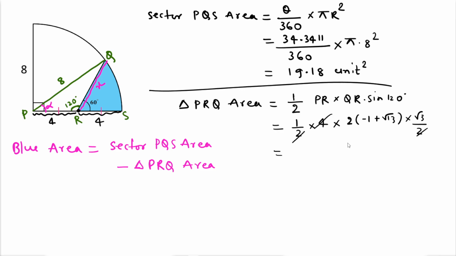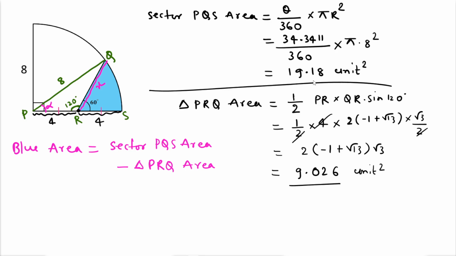So we can write here 2 minus 1 plus under root 13. So this value will be approximately, after calculating, and this root 3 value will also be here. Okay, so we can write 9.026 approximately. Now this will be unit square.